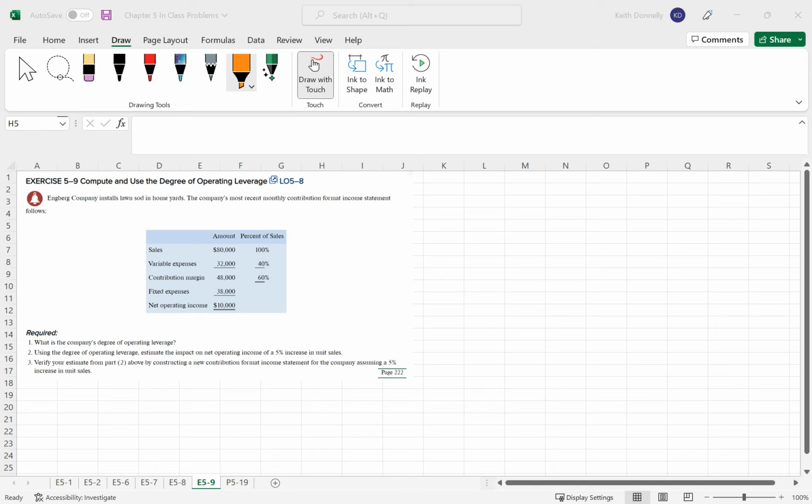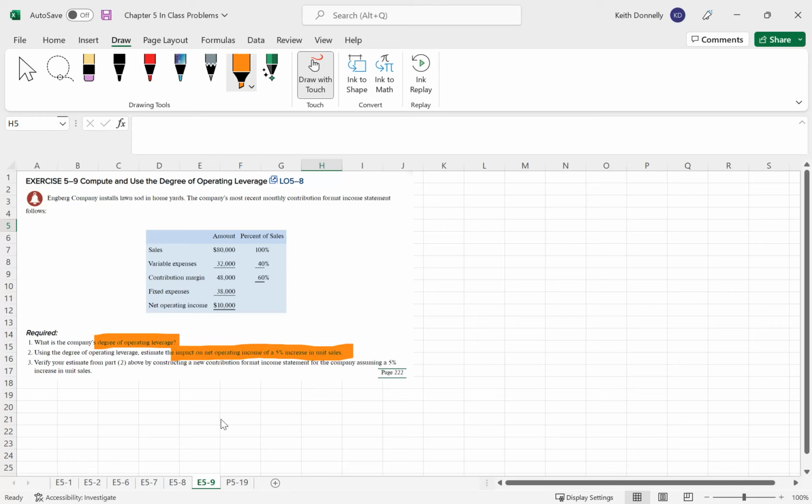They want to know what is the degree of operating leverage, and then using that, estimate the impact if there was a 5% increase in unit sales. And then 3, they want us to verify our estimate by constructing a new contribution income statement for the company, assuming a 5% increase in unit sales.